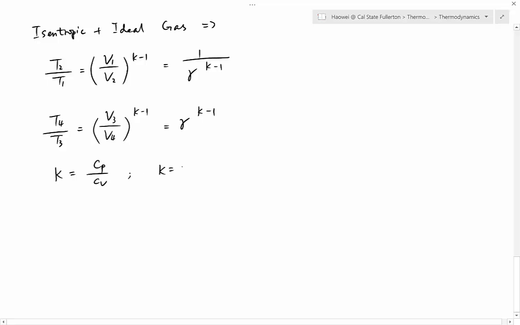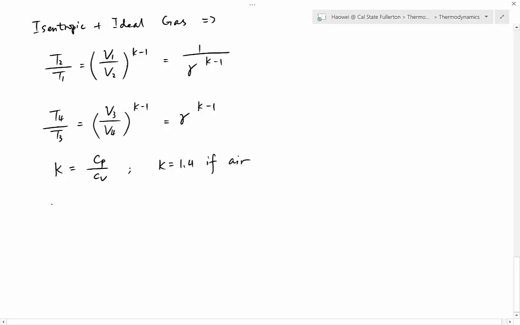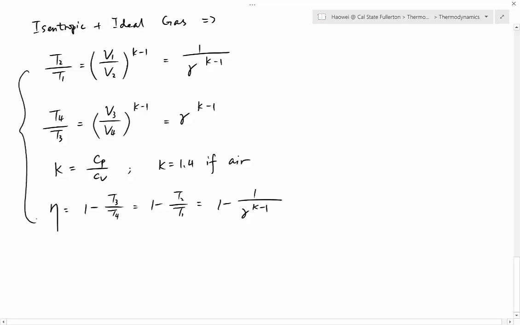The value of K is equal to 1.4 if the substance is air. And then one last equation, efficiency eta can be calculated from this equation: 1 minus 1 over gamma to the power K minus 1. Those are the equations you can use for process 1 to 2 or 3 to 4.